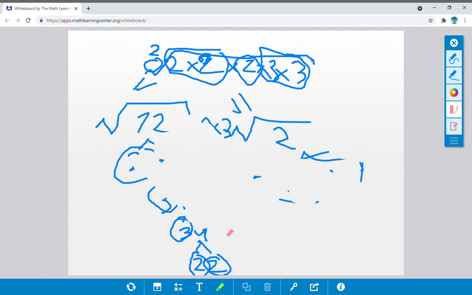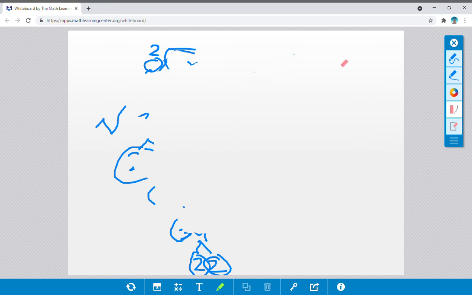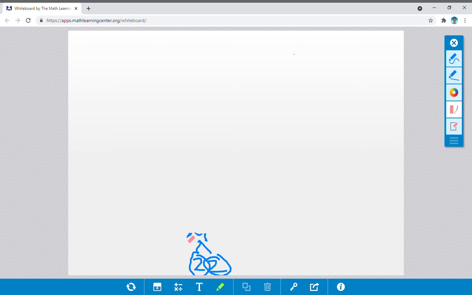Now let me erase it real quick. Sorry. Okay. So now let me explain exponents, because exponents are a very important part in square roots.